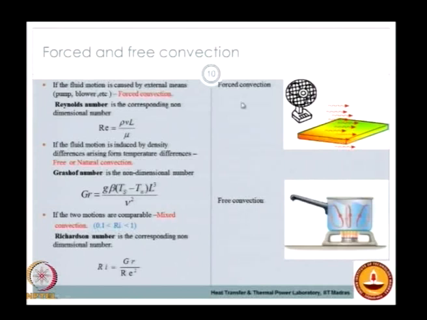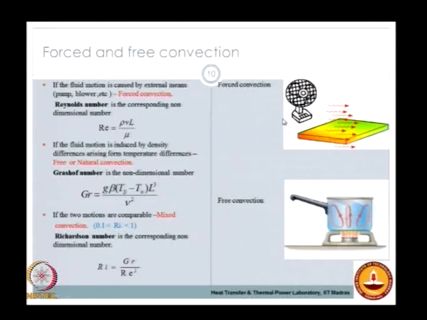Here, to characterize the flow we use the Reynolds number, which is the ratio of the inertial force to the viscous force, defined based on the characteristic dimension of the heat transfer object. The density and viscosity are defined with respect to the free stream properties, or maybe the average properties between the surface and free stream temperatures, and V is the velocity of the fluid.